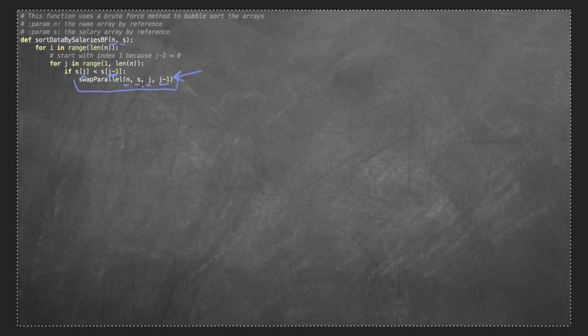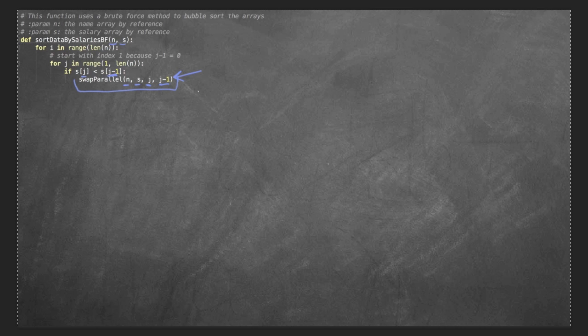If s in position 1 is less than s that's in position 0, then we're going to do what's called a parallel swap. We're going to pass in both of our arrays. We're going to pass in the positions of our indexes so that our little function will be able to perform the swap for us.